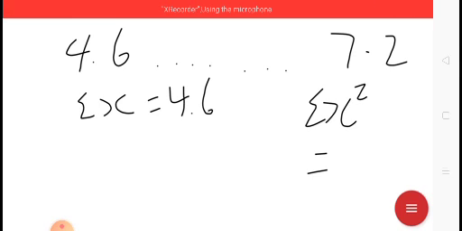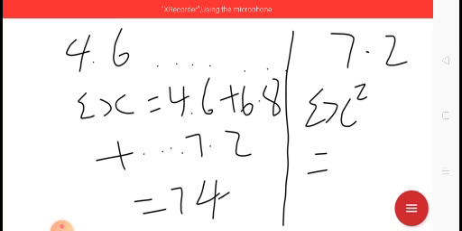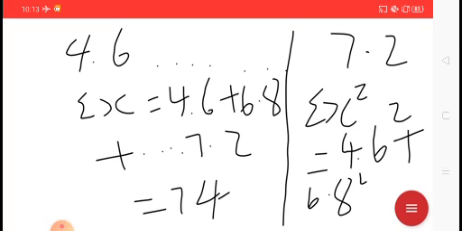So the sum of x is equal to 4.6 plus 6.8 plus until 7.2. You cannot take a shortcut, you have to show it. So the sum of x is equal to 74. Similarly, for the sum of x squared, you need to show it also. It equals 4.6 squared plus 6.8 squared plus until 7.2 squared.